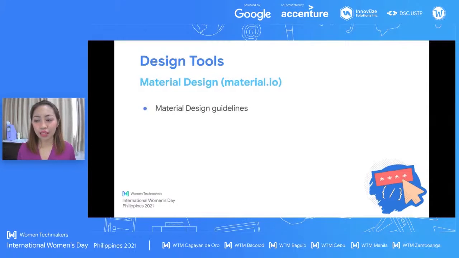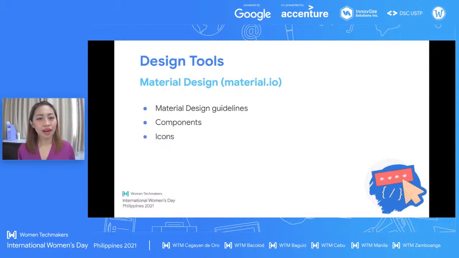This is like telling you what can be done to have a good app with a good user interface, and for the users to have a good user experience when interacting with your app. They also have a list of components that you can use and guides on which component to use.